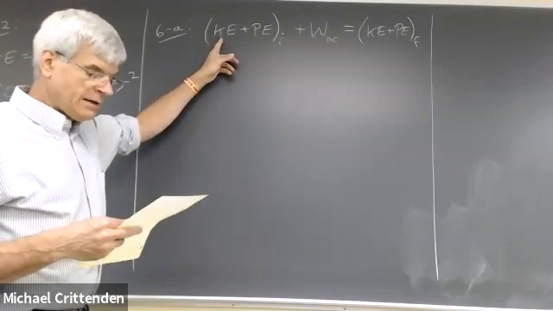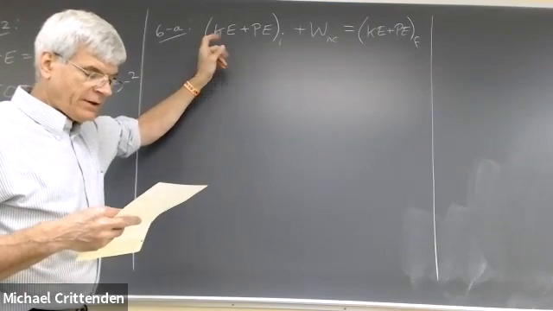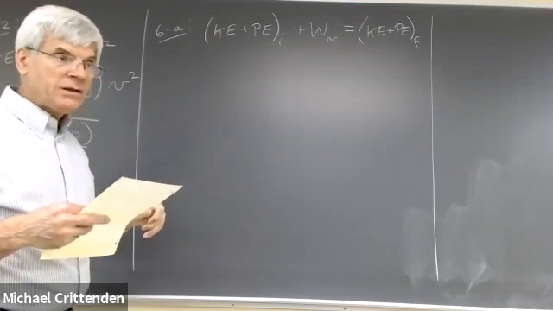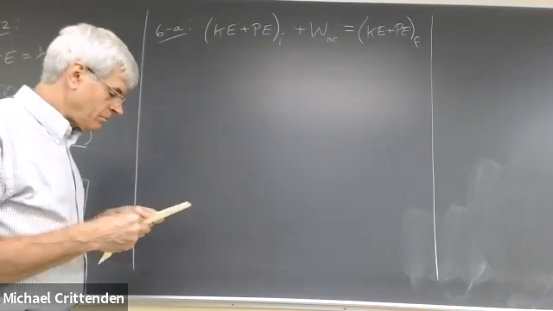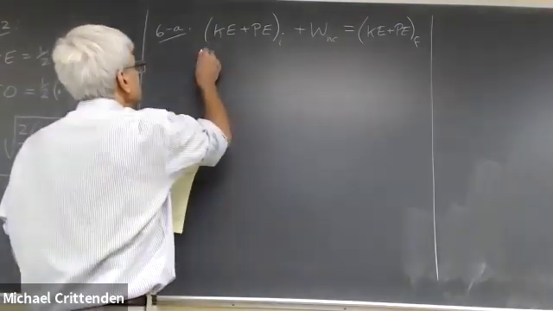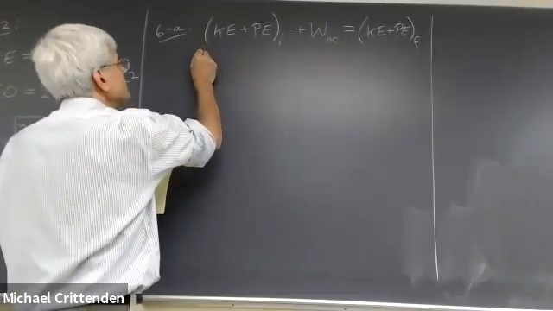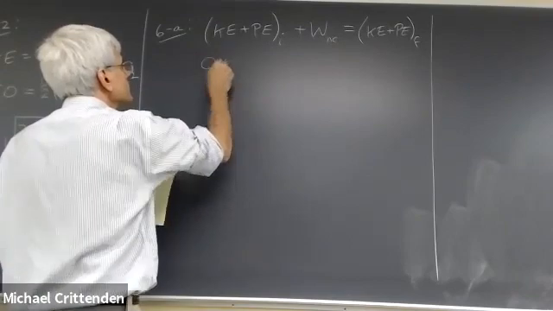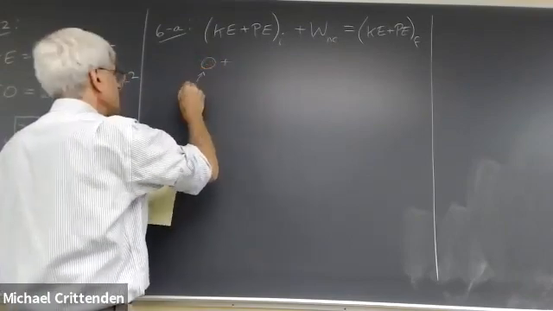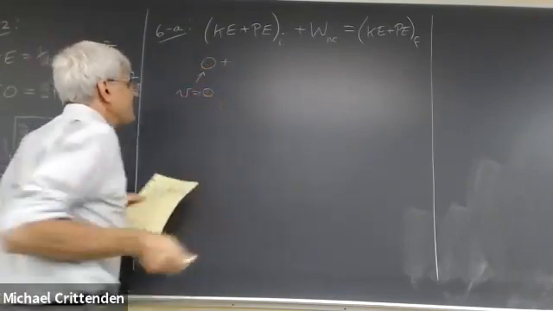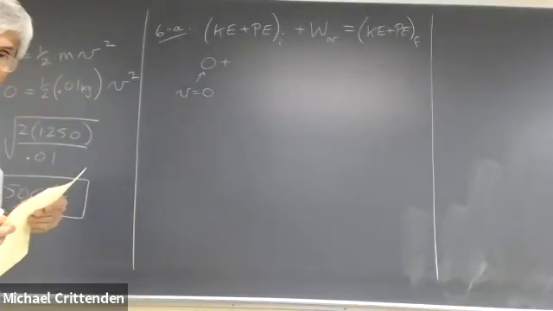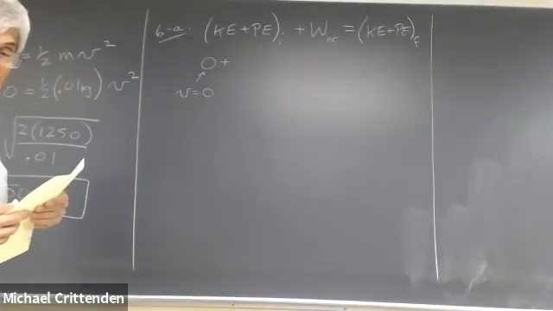The initial kinetic energy is one of the things that's zero, because the picture says that the block starts at rest. Kinetic energy is 1/2 mv squared, and v is equal to 0.